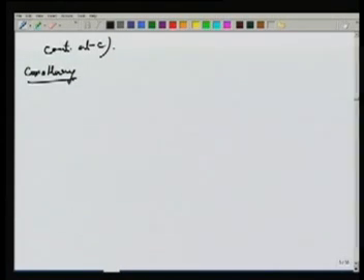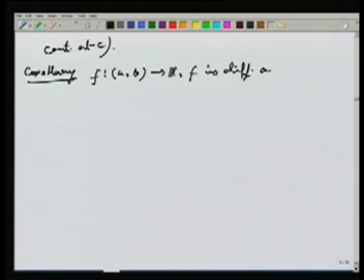Now the corollary is that suppose f is from (a, b) to R, f is differentiable and c belongs to (a, b).